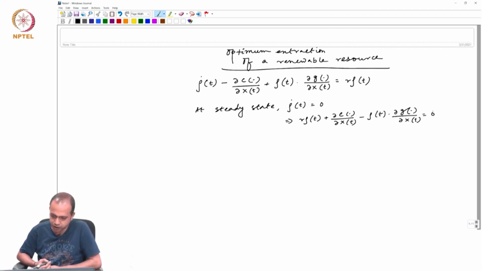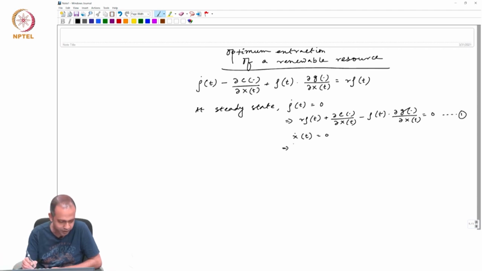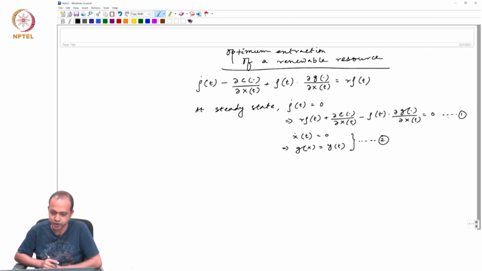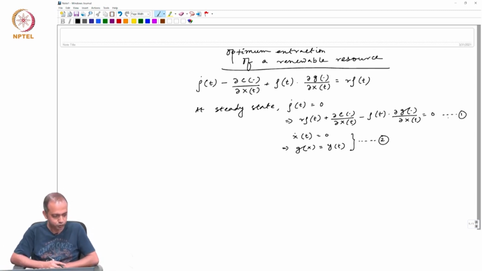And at steady state we also know that the growth of extraction x dot t is also 0. So, this is condition 1 at steady state, and x dot t equals to 0 implies that stock dependent growth equals the rate of extraction. These are the two conditions, 1 and 2, that hold at steady state.